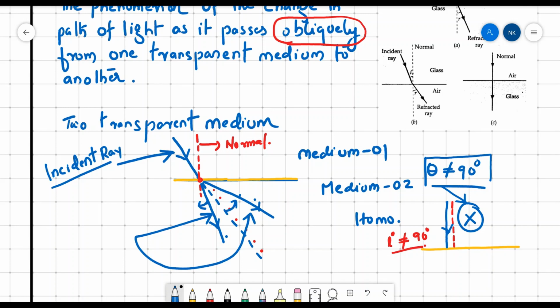This particular ray, which we call the refracted ray, will be either bent towards the normal or bent away from the normal. Refracted ray means the path of the light in medium number 2.